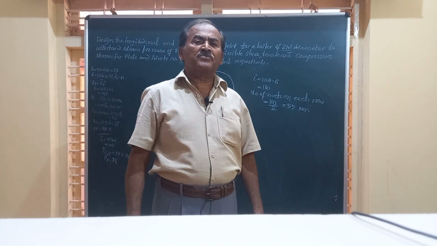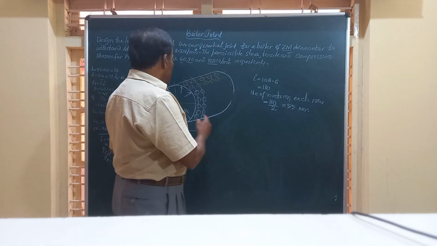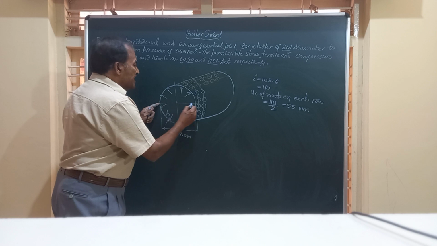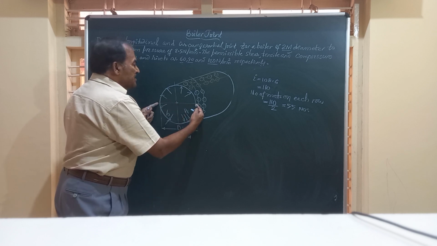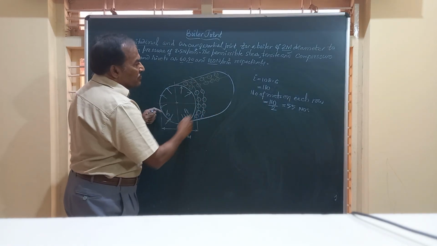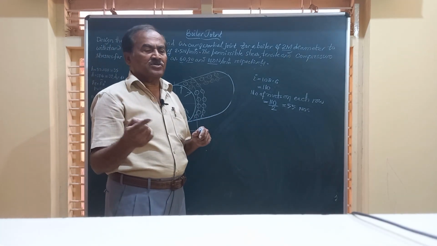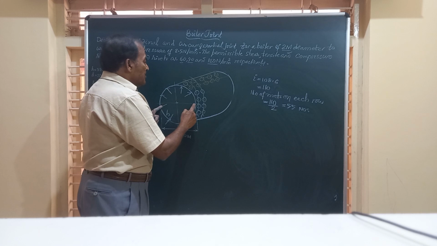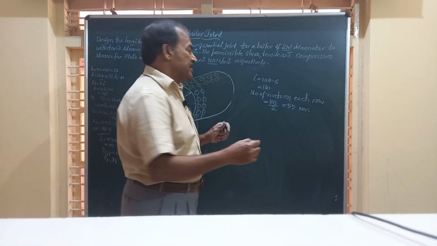Then friends, after finding that, you should know how they should be placed. Here you can see you have the inside diameter of the shell, that is Di. The thickness is h. So the outside diameter of the shell will be Di plus 2h, over which you are going to have one more plate, that is the lap plate, which will have a thickness of h. So Di plus 2h plus 2h. That is the total outside diameter.